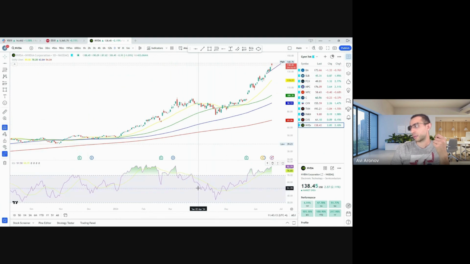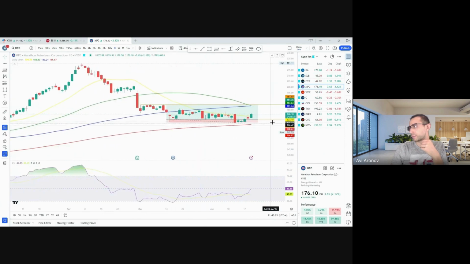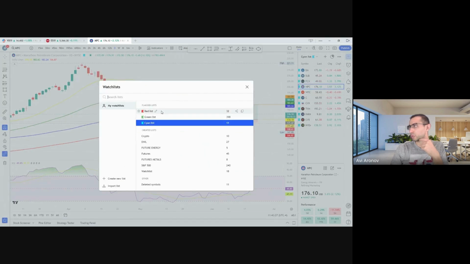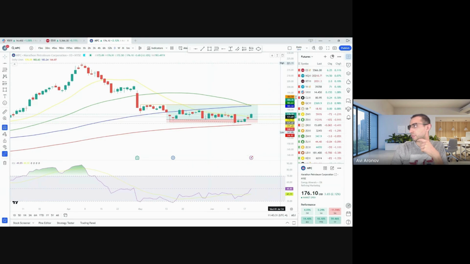Once it came under the 50, it actually had a bit more of a correction, but it's still very, very good. Okay, let's go back to our futures price.